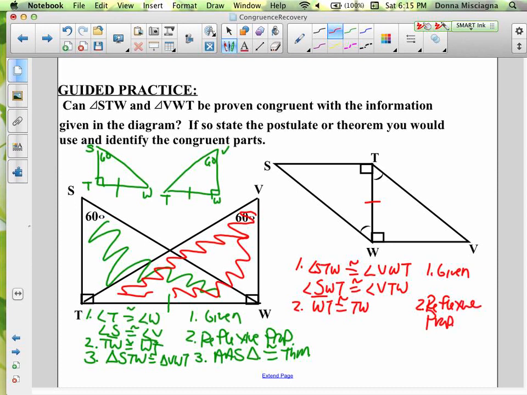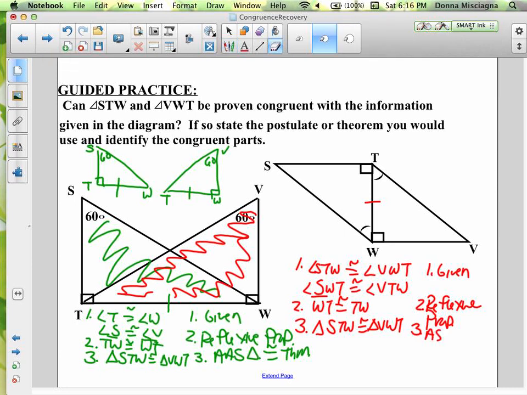So we can prove the triangle is congruent again. So triangle STW is congruent to triangle VWT. And that would be, this time the side is between those two angles. So this would be angle, side, angle. I'm running out of space here. It's a little crowded.